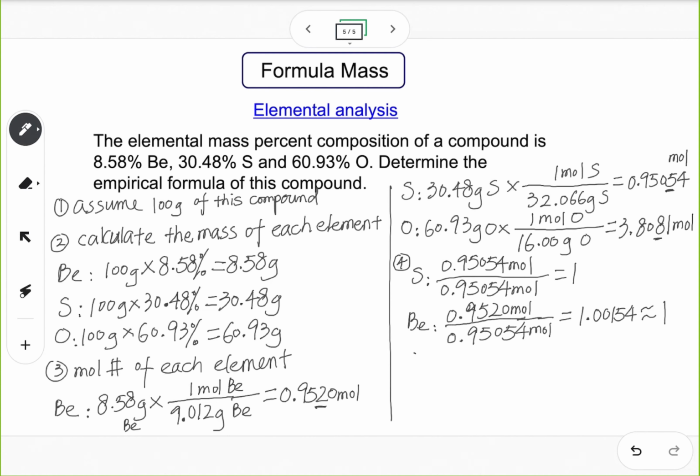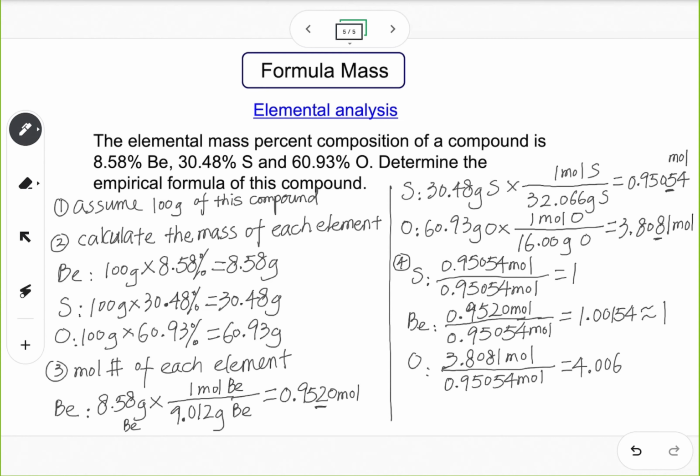We do the same thing for oxygen. For oxygen, okay, you use the mole number of the oxygen, 3.8081 mole divided by the mole number of sulfur, 0.95054 mole. Okay, that equals 4.006.